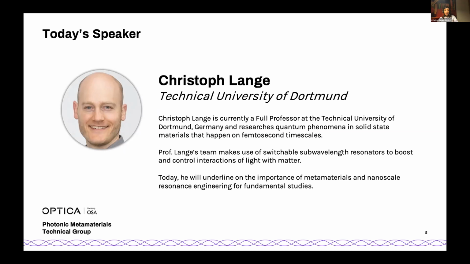And today we will see also how Professor Lange's team makes use of subwavelength resonators that may be switchable to control and boost interactions between light and matter. And we will learn today how important metamaterials and nanoscale resonance engineering is for this kind of studies. So with that, it is my greatest pleasure to give the floor to Professor Lange and listen to his talk.